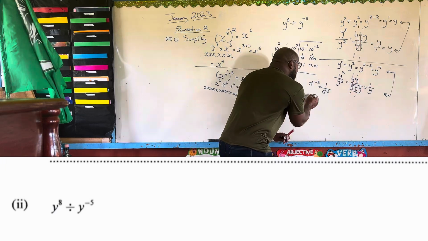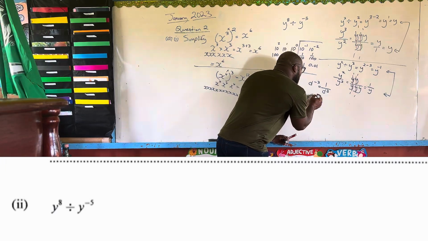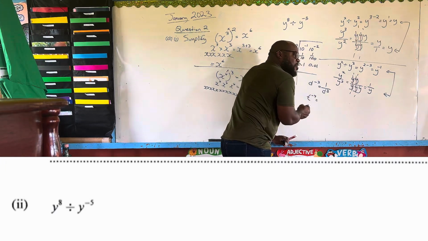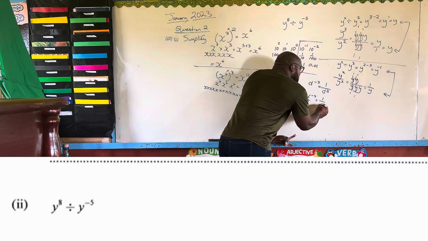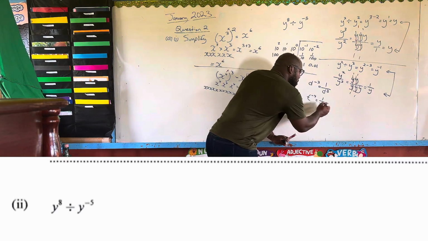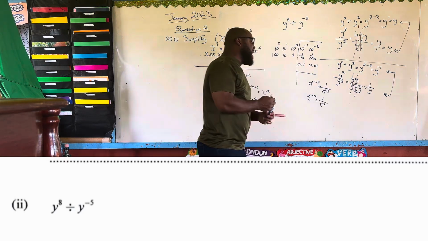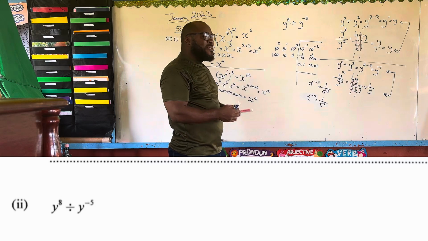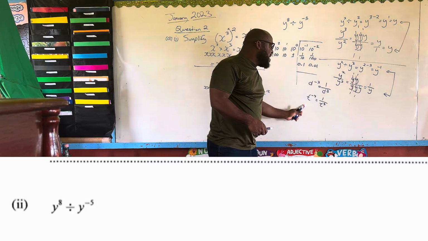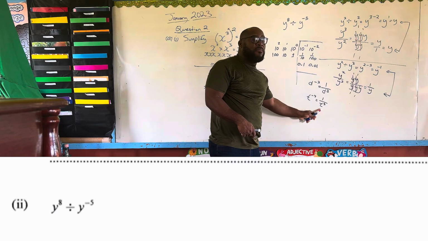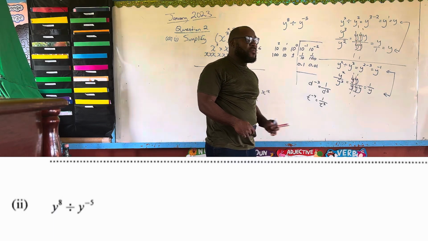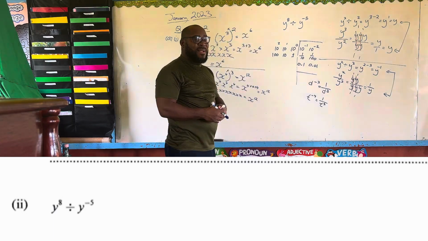So then t to the negative 4 is what? 1 over t to the positive 4. Good, very good. Remember that, please. Anything that has a negative power is actually written as a fraction, and the power now becomes what? Positive. Everybody have that?